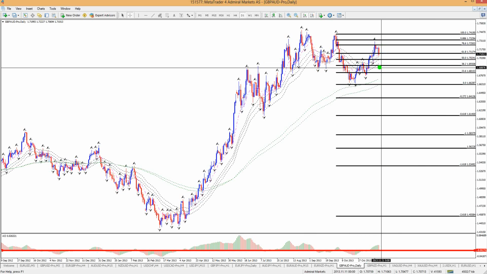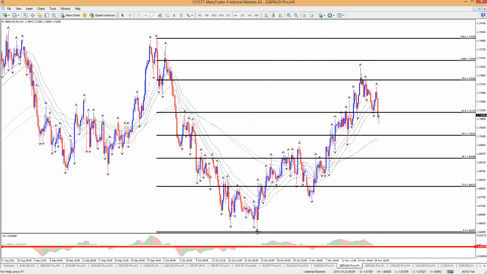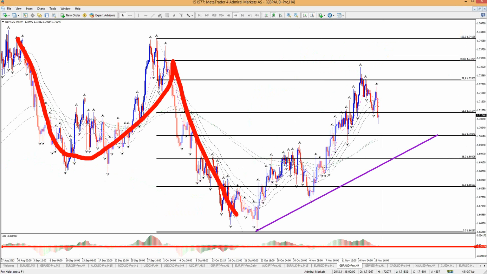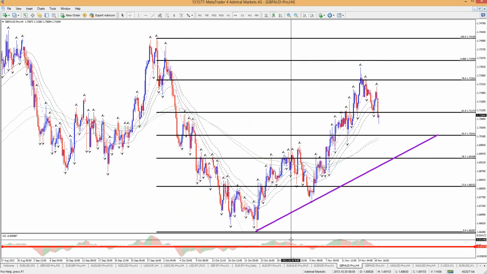Now, what could happen for this analysis not to prove true, or these trade setups? Of course, there is a potential for this to finish here and this is actually upside from here. That is possible.